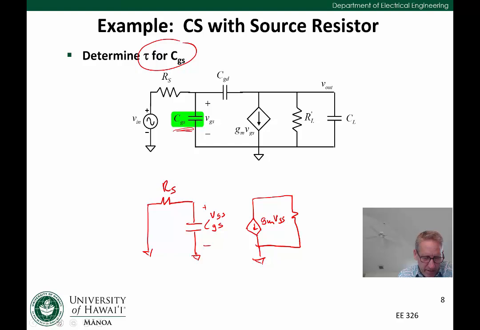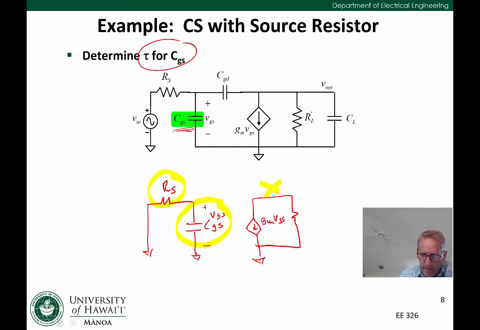Again, this is fairly clear by inspection: the resistance seen by CGS is totally independent of the GM-VGS on the right and the RL prime. The resistance that we see is really just RS.